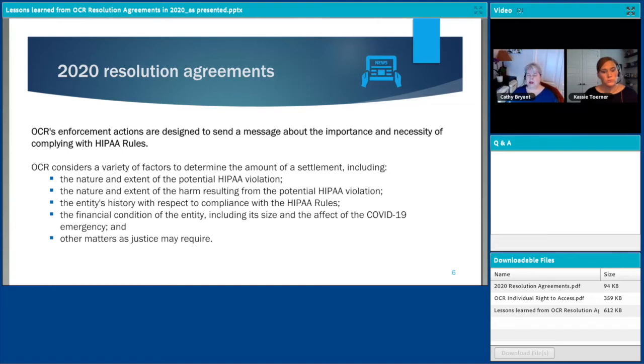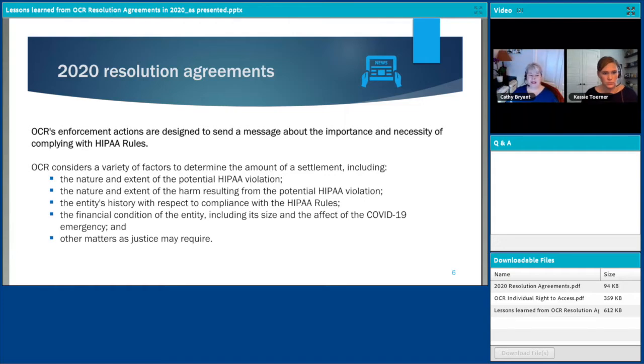But before they determine a settlement amount or a fine or penalty, they consider the nature or extent of the potential violation, the nature or extent of harm resulting from the HIPAA violation, and the entity's history with respect to privacy rules, compliance, and security rule.